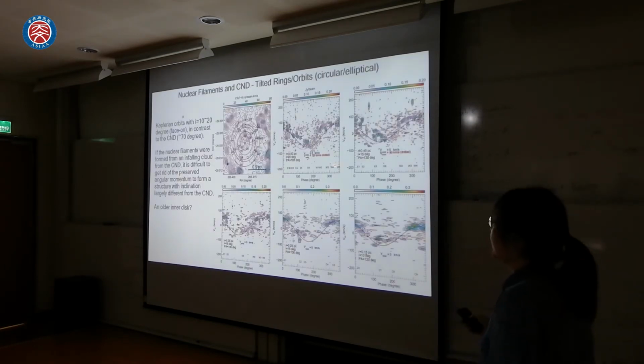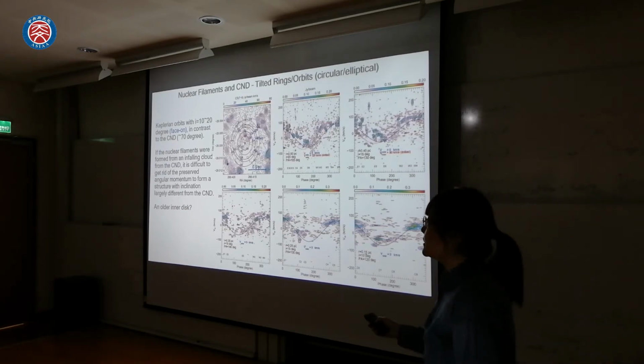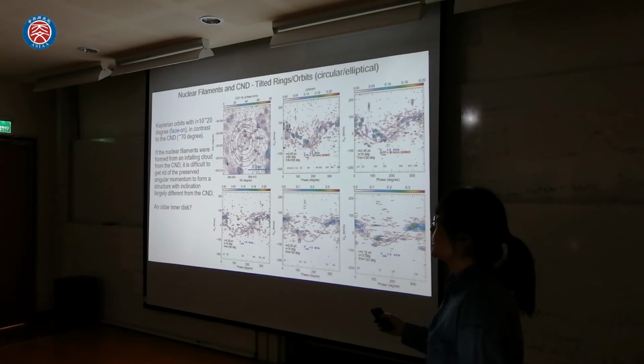So we analyzed the kinematics of the central concentration and compared it with the polarization curve. Surprisingly, we found that the geometry of the central concentration, the gas within the central parsec of Sgr A*, has very different orbital information from the CND.